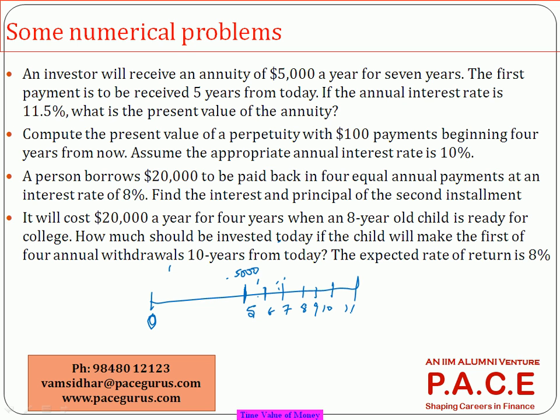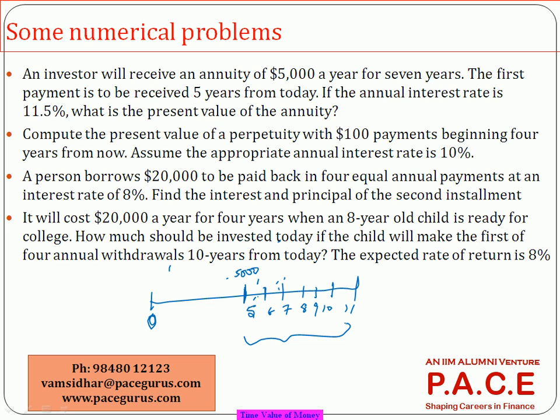Now, what numbers can I put? First, you shift yourself to that date. You shift yourself to this position, then you can apply a formula. Every year, 5,000 is paid. So PMT is 5,000, you are receiving it, so it's a plus 5,000.